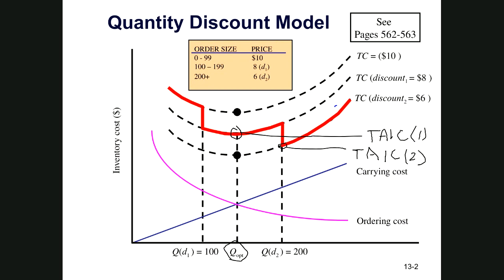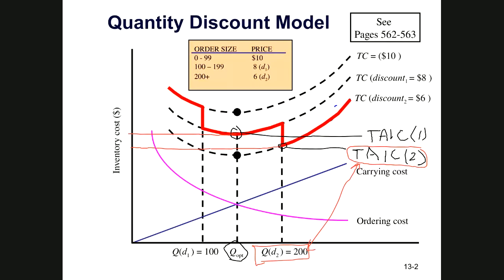As you can see by the graph, even though this line is not going to be straight, the total cost for point 1 is more than the total annual inventory cost for 2. And in this case, ordering 200 would actually generate the lowest total annual inventory cost.